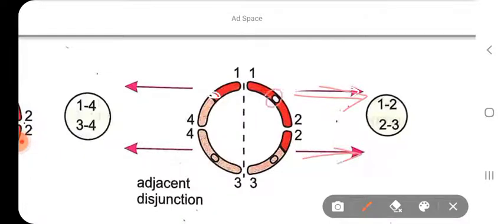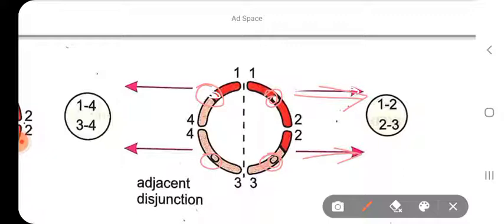But the homologous centromeres are not moving to the same pole. Both are different centromeres. This is a centromere from the 1 and 2 segment of a chromosome. This is a centromere of the 3 and 2 segment of the chromosome. Here also, this is the centromere of 1 and 4, and this is the centromere of 4 and 3. So here no homologous centromeres are moving to the same pole.